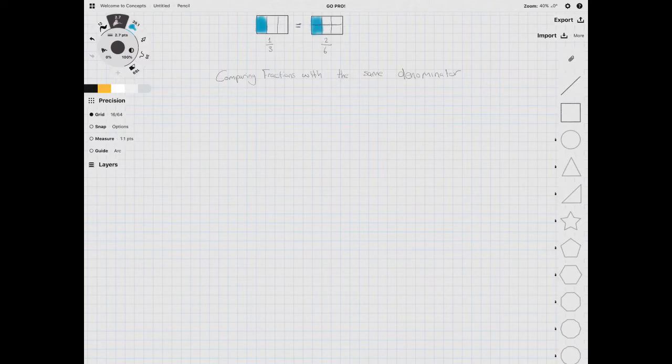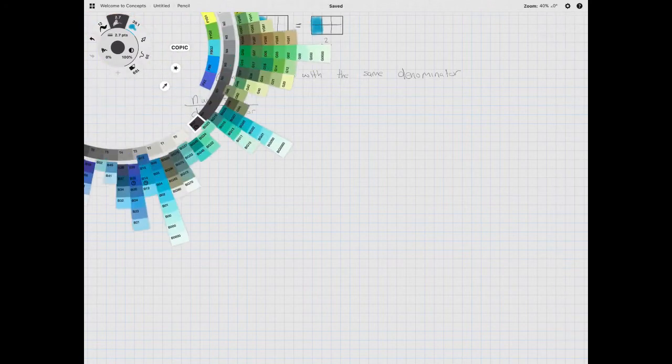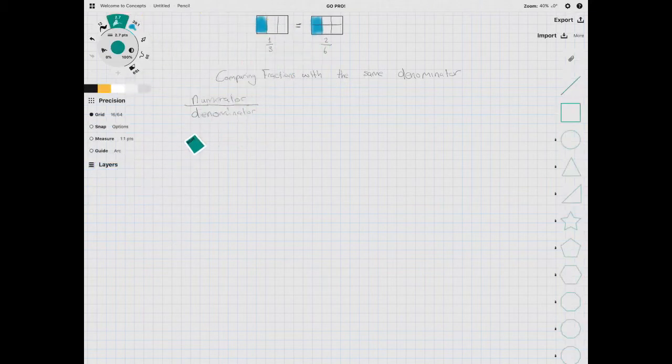Now, just as a refresher, in case you'd forgotten, the top part of the fraction is the numerator, and the bottom part is the denominator. And we actually know that the numerator tells us what?